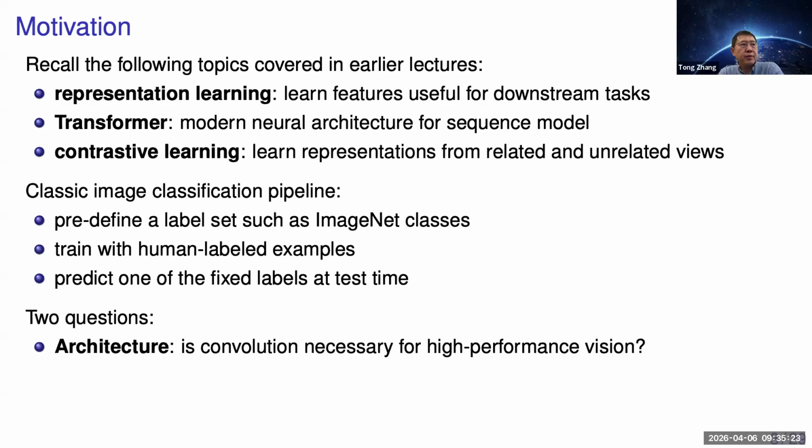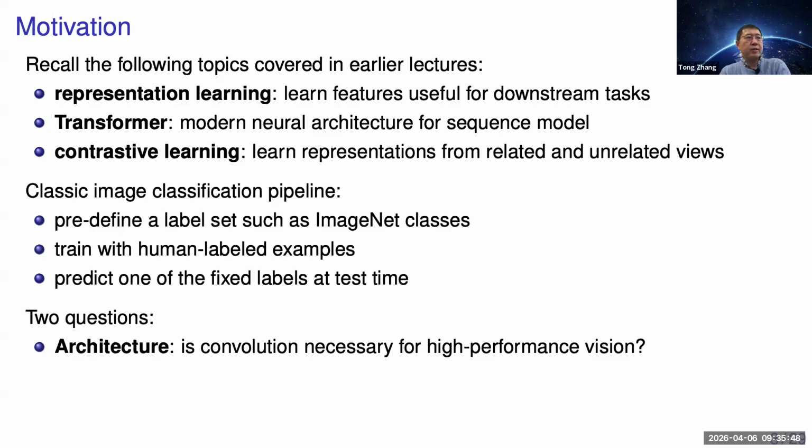There are two issues if we think about representation, particularly image representation. One is whether convolution is necessary. Recall that we talked about convolution, which has been around for many years, before the transformer. The transformer certainly took over text.